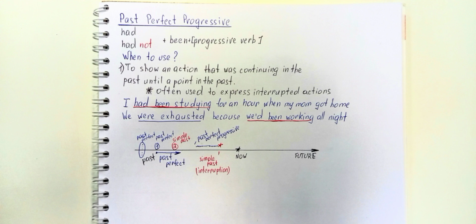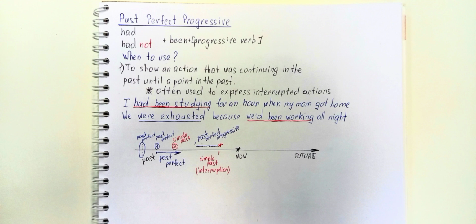So here you can see there is not really a change. There is not really a point where there is an interruption or something stops or something new happens. In this case, we are just making two past tense statements, similar to what I talked about in point one over here.